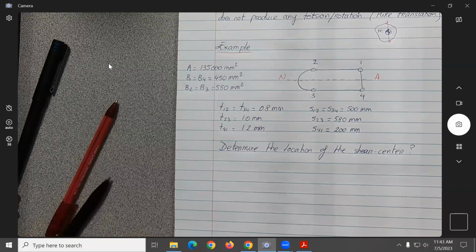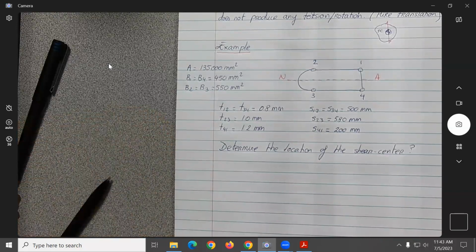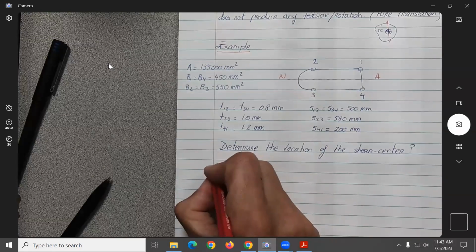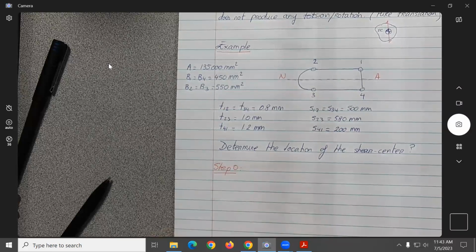Okay, so obviously we're going to use what we have done before. So what are we going to do? I'm going to follow a procedure. It's going to be similar to the one before, but I'm going to add probably one step. Actually it's at the beginning. Let's go, step 0 or step 1.